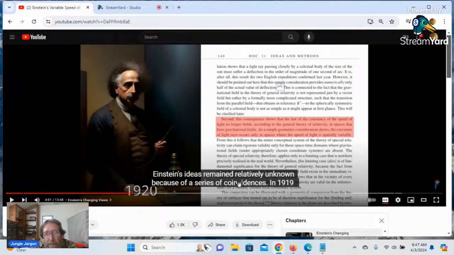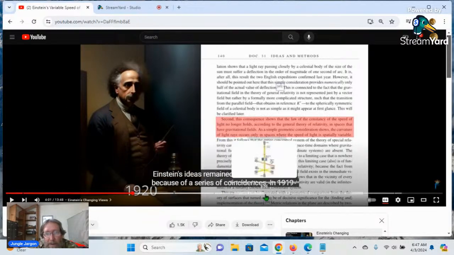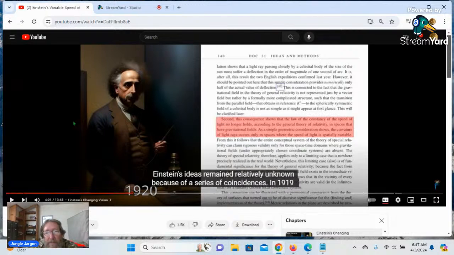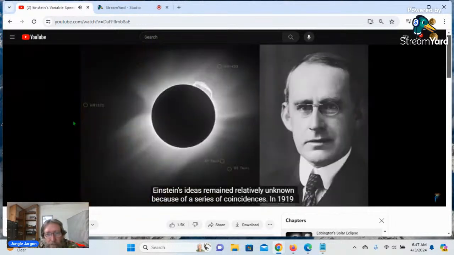"Einstein's ideas remained relatively unknown because of a series of coincidences. One, that his theory was proven. In 1919, Eddington's solar eclipse observations were seen as confirmation of Einstein's 1915 form of general relativity."